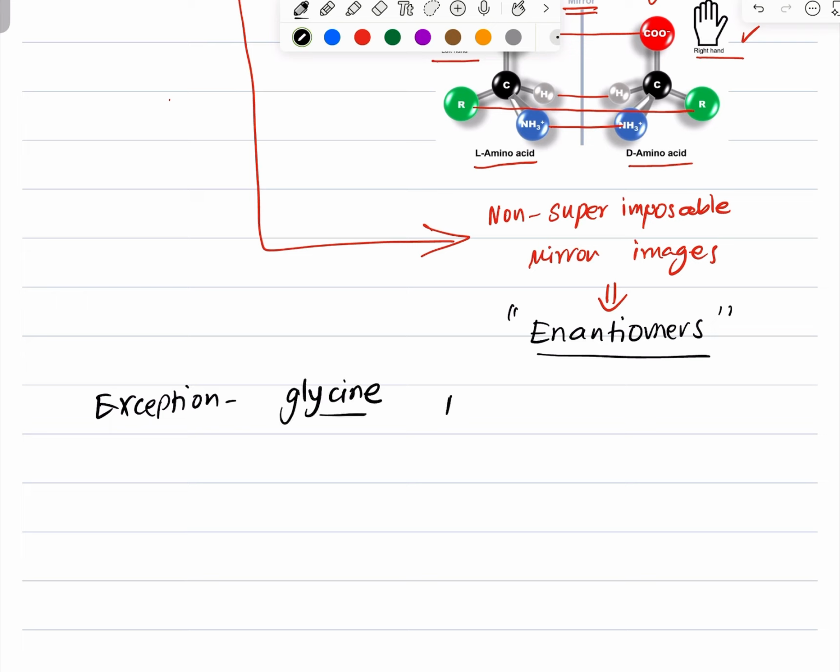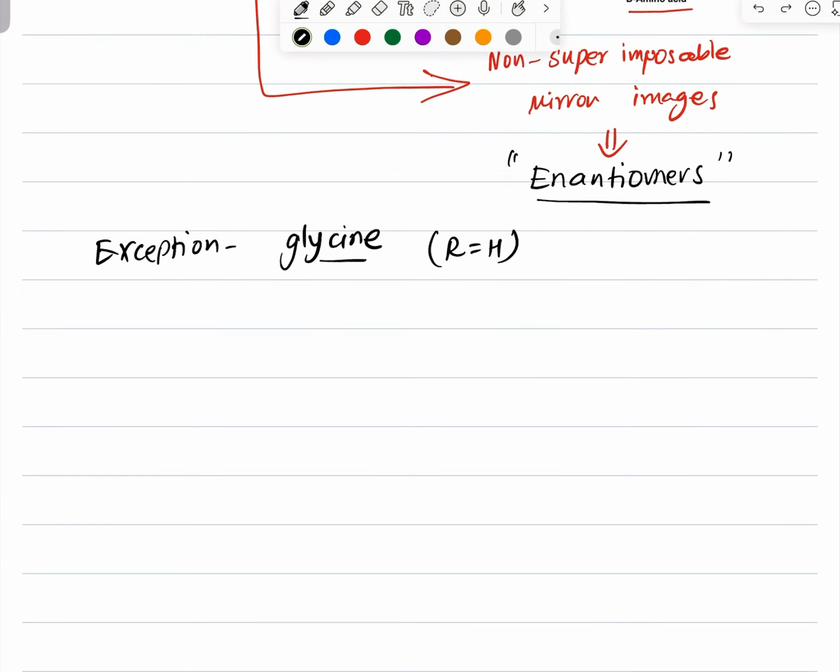Why? Because glycine has H in place of R. When you draw the general structure of an amino acid with COOH, this is the amine group, this is hydrogen, and you have an R. In glycine, your R is H, which is hydrogen, very similar to the other hydrogen.